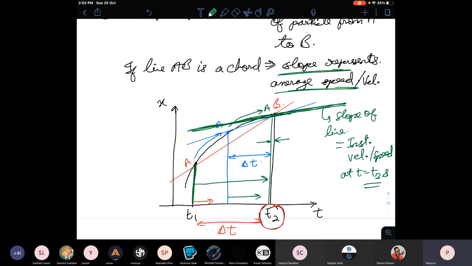The only difference here is that it has started representing the instantaneous speed. Is it clear?